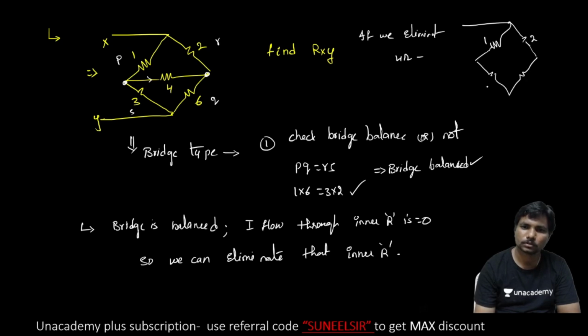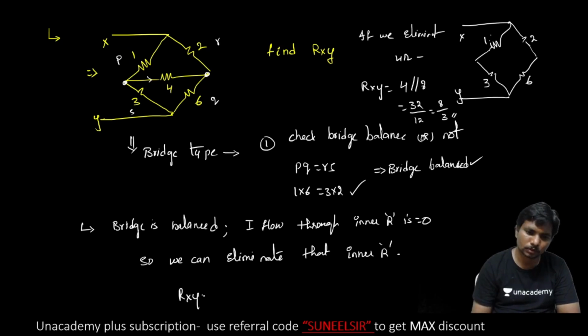Between X and Y, 1 in series with 3 is 4, and 2 in series with 6 is 8. So now RXY is equal to 4 parallel to 8, which is 32 by 12, that is 8 by 3. So RXY is equal to 8 by 3.